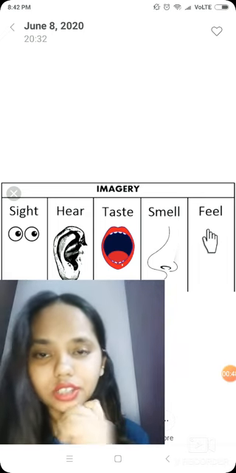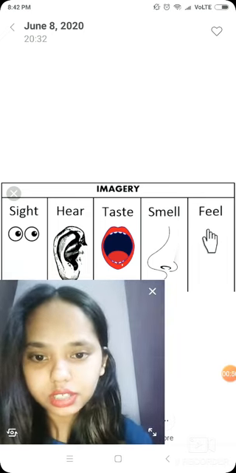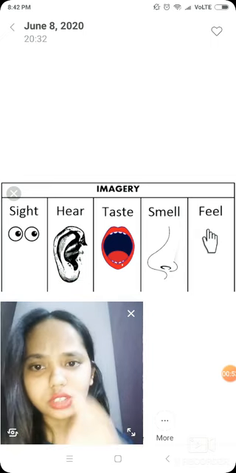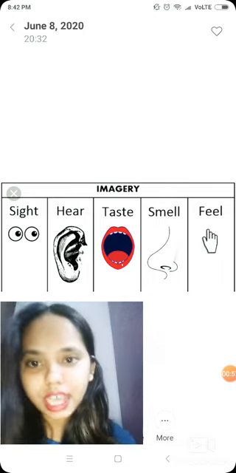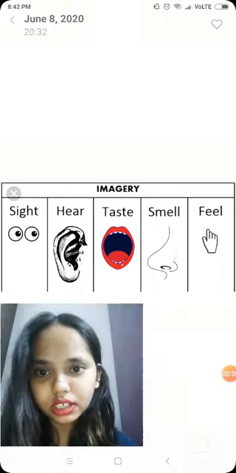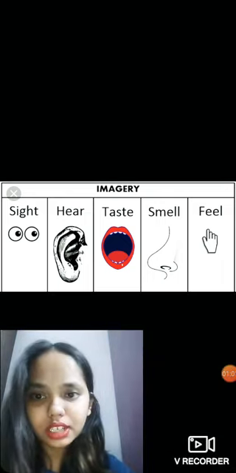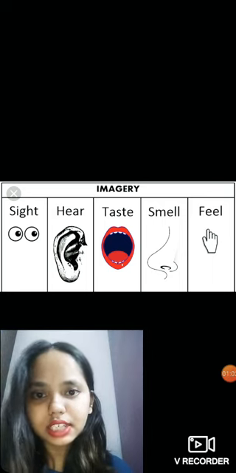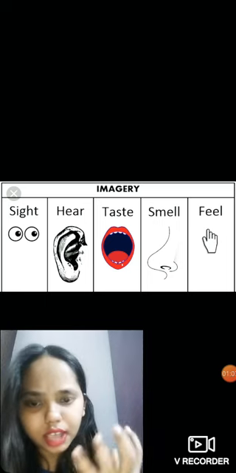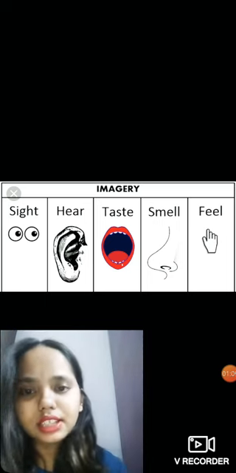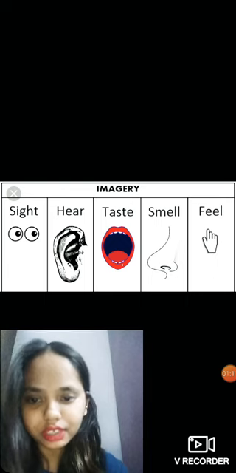As you can see on my screen, students, you can see five sensory organs: sight, hear, taste, smell and feel. This is related to imagery, right students?